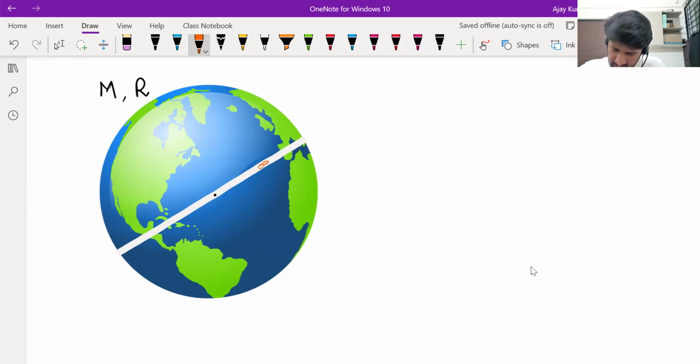Let's say half the radius of the planet. Diagram is ridiculous. Leave it. Let's say a chain like this is lowered into the tunnel. Chain's mass is small m and its length, obviously, as you can see, is half the radius of the planet.